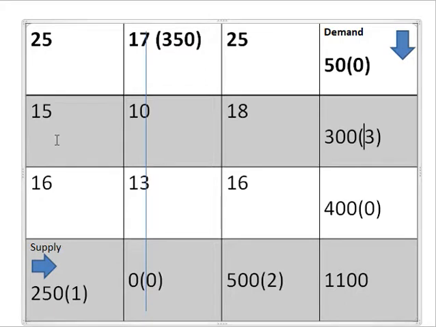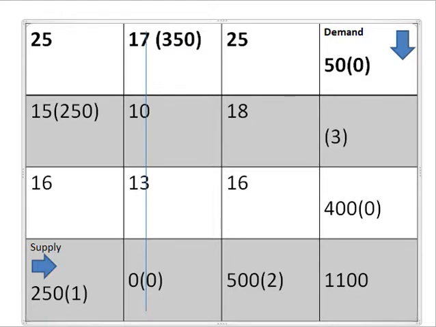in this row. In this row the minimum is 15, so we are going to allocate 15. In 15 the supply is 250 and the demand is 300, so we are going to allocate 250 here, and we are going to subtract 250 from 300 here because we have supplied.